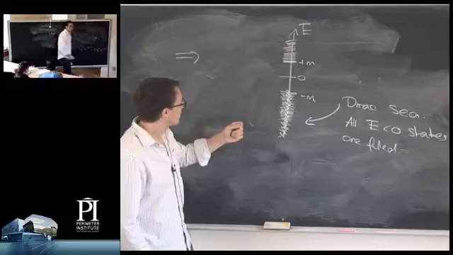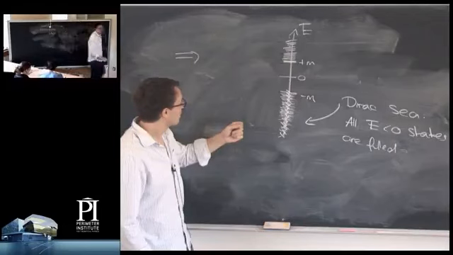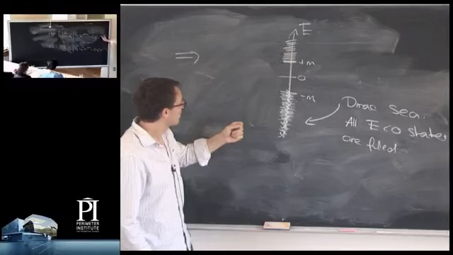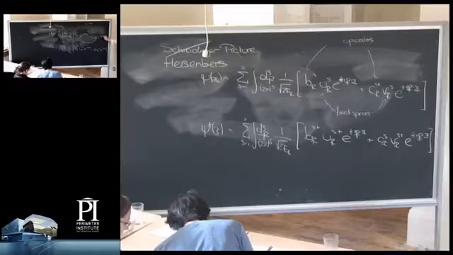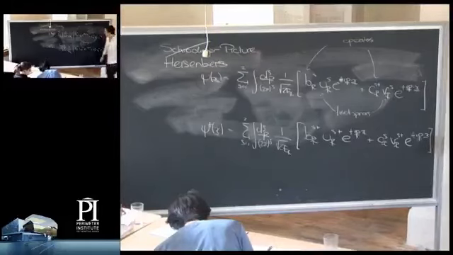I know it's easier for me to do this on the board than in your notes, sorry. The other thing that happens is that the minus signs flip. The reason is that you still want this one to be minus i, 3-momentum dotted with x, but because of the signature we're working in, 4-momentum dotted with x has a minus sign. So this is the Heisenberg picture.